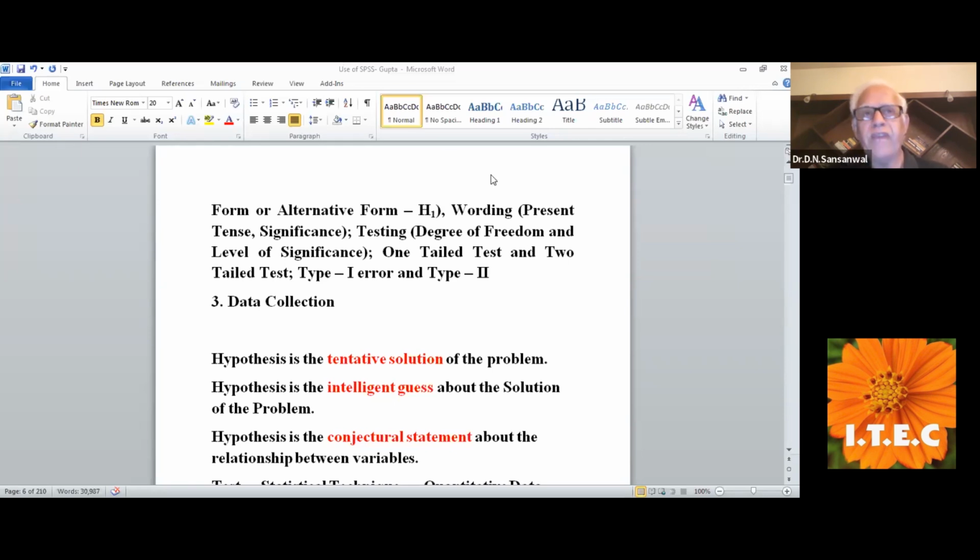Okay. So therefore, if you are conducting the survey research, experimental research, or case study research, then in that case, you must know something about the sample. And if I have to talk about the sample, you should know about the universe.